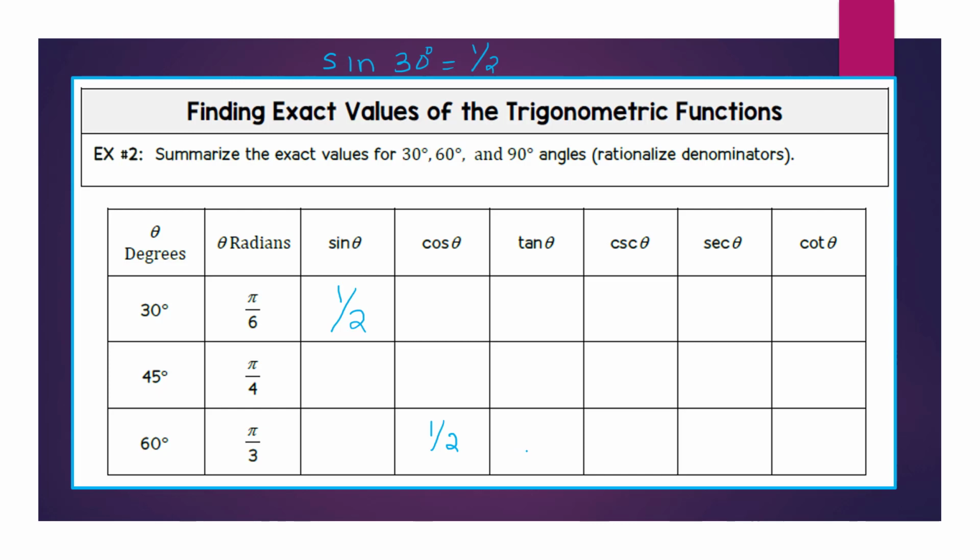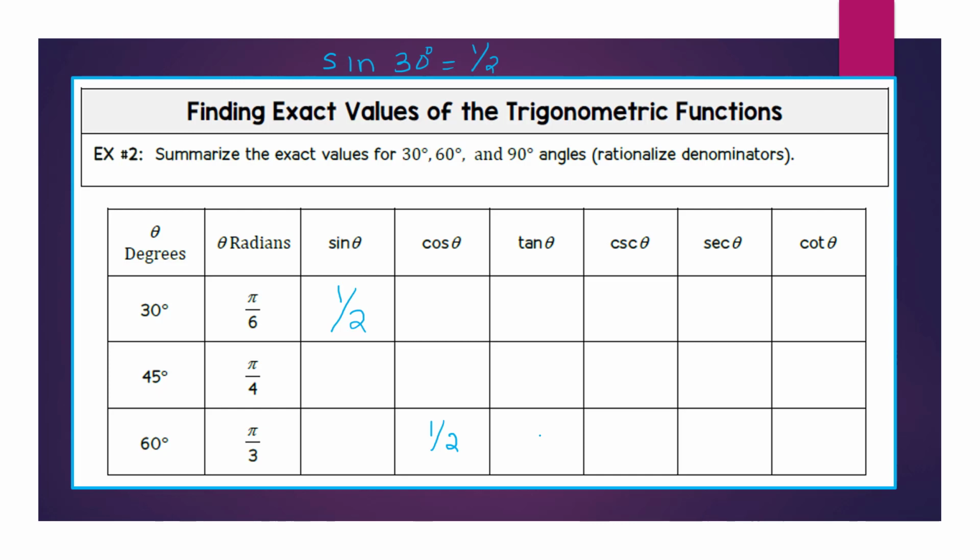Now, if you go back and look at that 30, 60, 90 triangle, you'll see that the other value that kind of alternated for sine and cosine was square root 3 over 2. All right. So sine would be 1/2, and then cosine would be root 3 over 2, or vice versa.